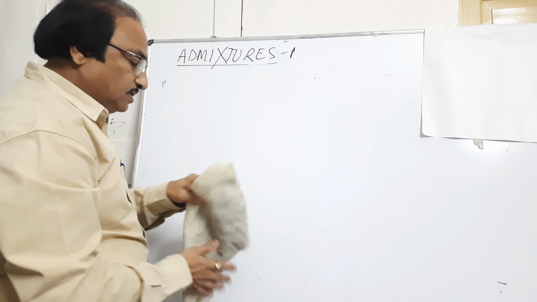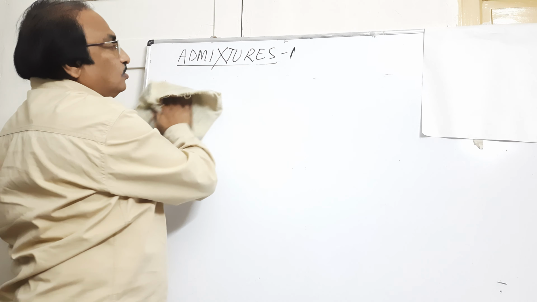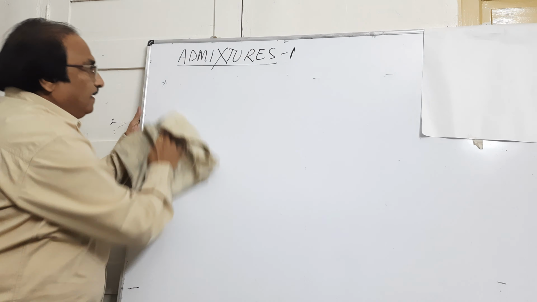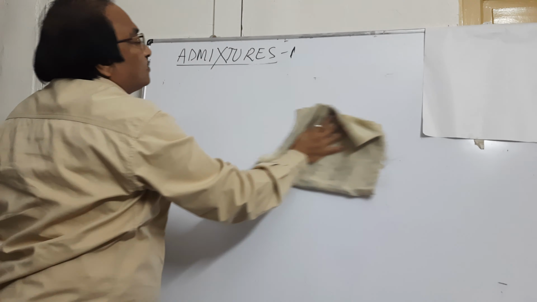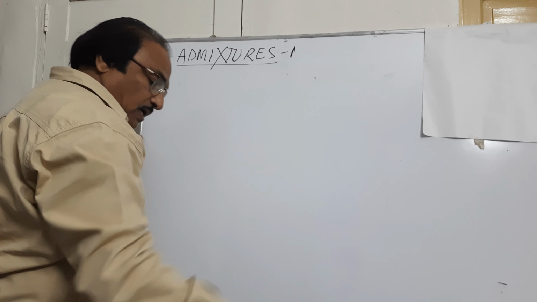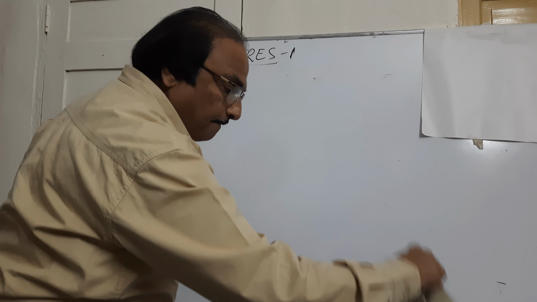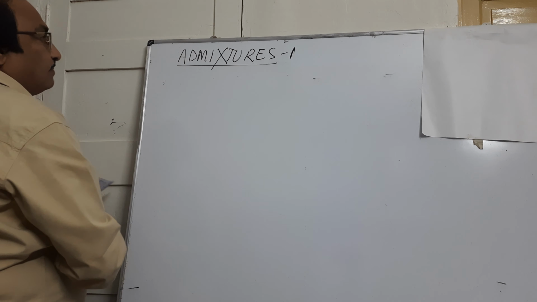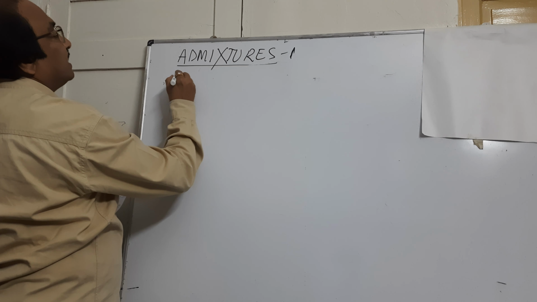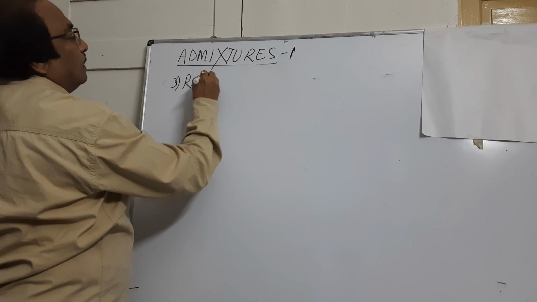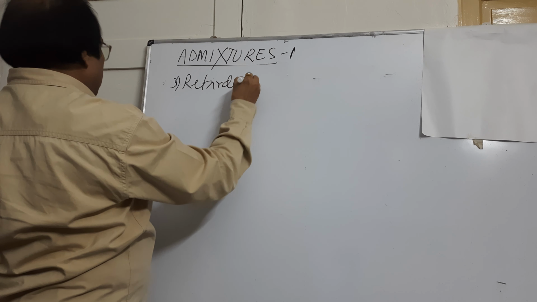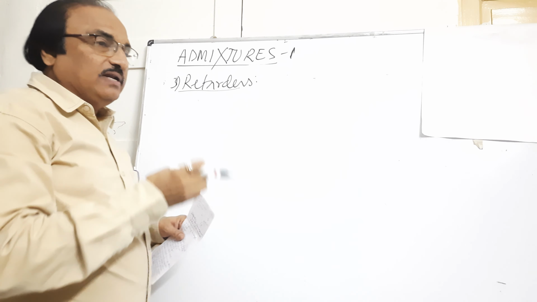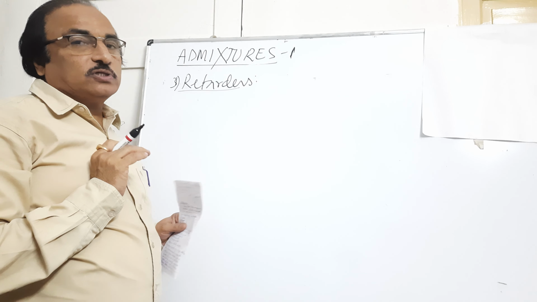In addition to this, we have some other admixtures also, which are required for other properties of concrete. For example, the next admixtures that we use are known as retarders. As the name itself indicates, whenever we add water to concrete, the hydration process will take place.